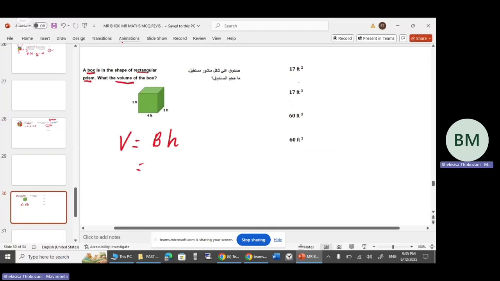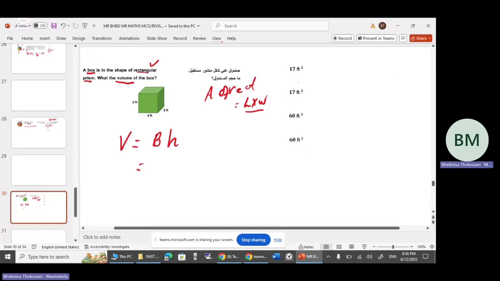Okay, so now let's look at this one here. Now it says a rectangular, so we need to find the area of a rectangle in this case. So the area of a rectangle is equal to what? L times W. So that is very important to remember.